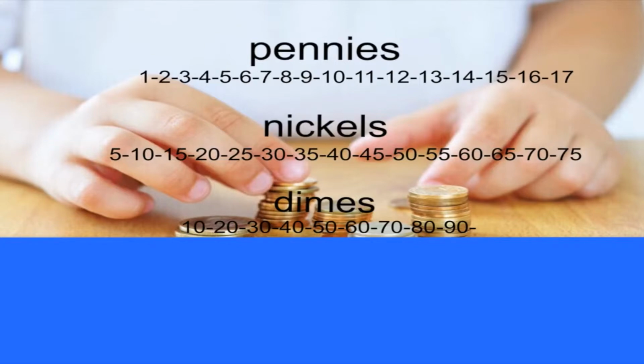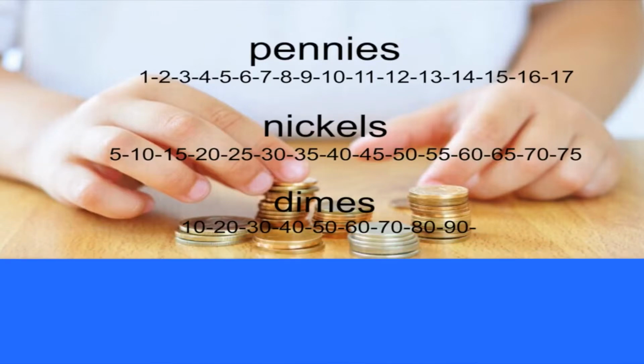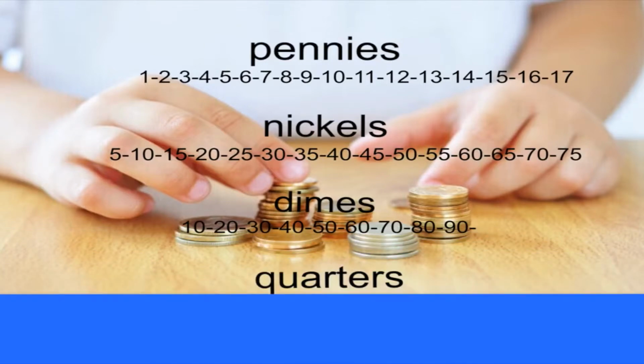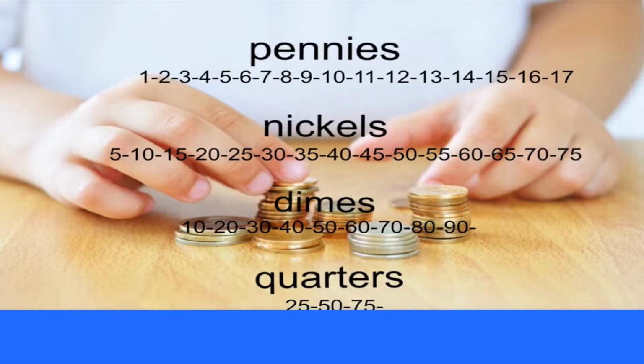So 100 pennies is $1. Next up we have the quarters. These are easy to count because you count by 25s. So you count 25, 50, 75. You don't add another quarter because it'd be 100, and 100 cents is the same as $1.